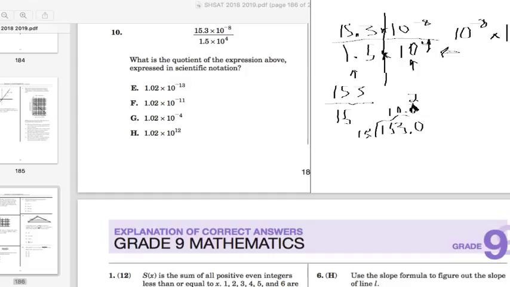Remember, any number to a minus exponent is the same as 1 over that number to the positive exponent. Right? You learned these rules a while ago. So now we just have normal multiplication, and 10 to the minus 8 times 10 to the minus 4 is 10 to the minus 12.